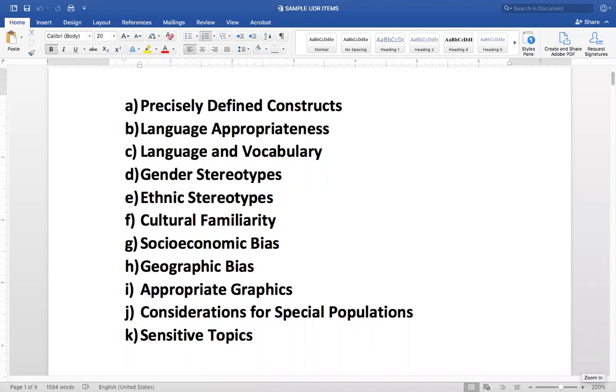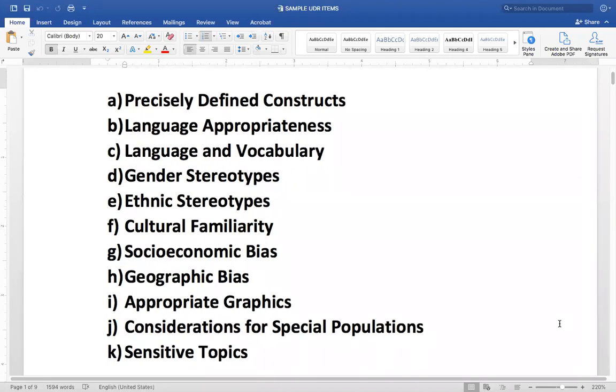I will give them a specific set of sample questions, which have been modified on purpose so that they can figure out what kind of principle is being violated, so they could correct it. So again, these are the principles: precisely defined constructs, language appropriateness, language and vocabulary, gender stereotypes, ethnic stereotypes, cultural familiarity, socio-economic bias, geographic bias, appropriate graphics, considerations for special populations, and sensitive topics.